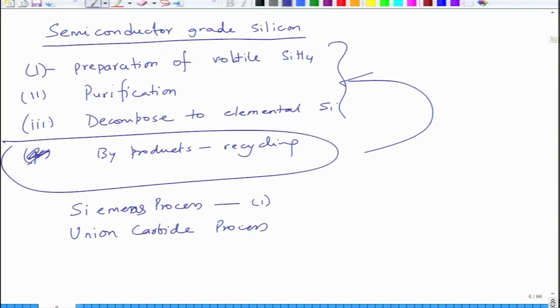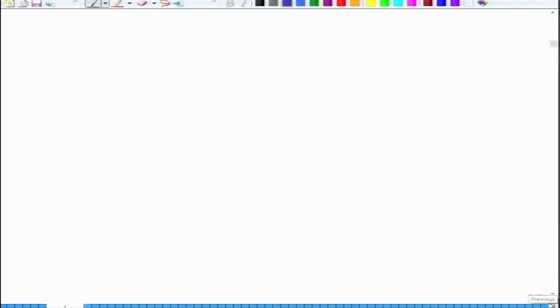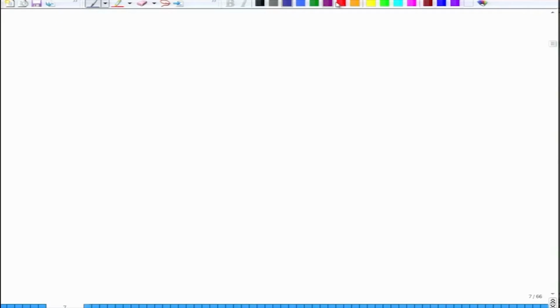The Siemens process accounts for about 60% of silicon in the world, and the Union Carbide process accounts for about 15% of silicon production, and then the third is what we call the Ethyl Corporation process, which is again about 15% or so. So, let us see, we will not go into all of these, we will just look at the Siemens process. Okay.